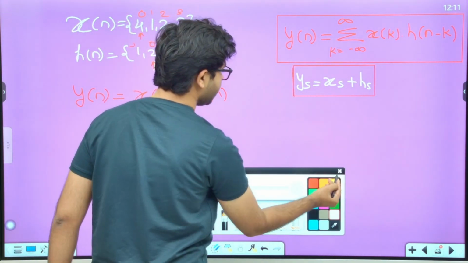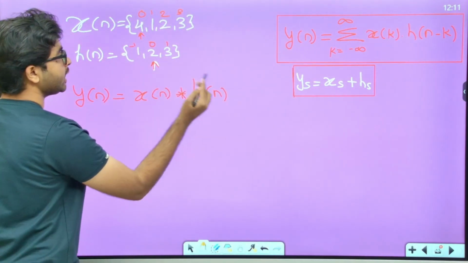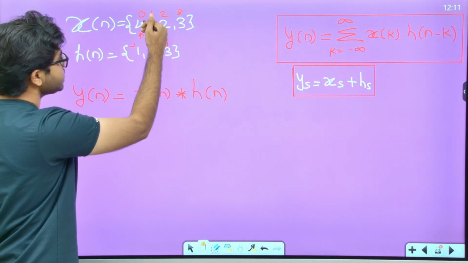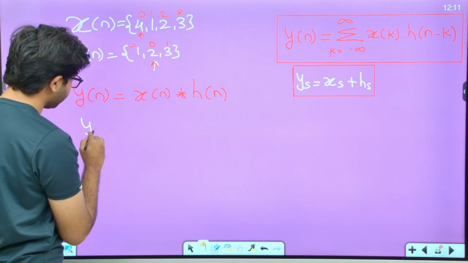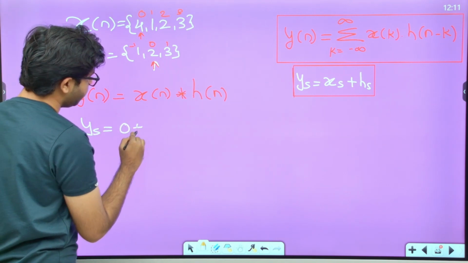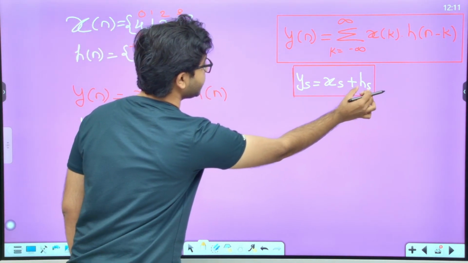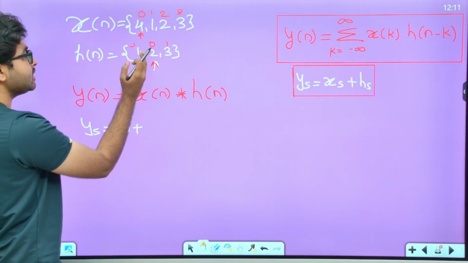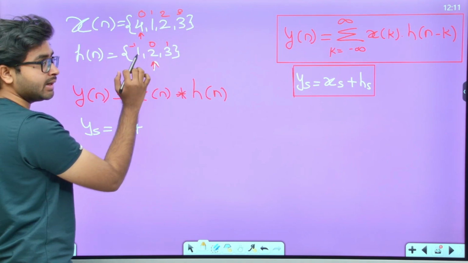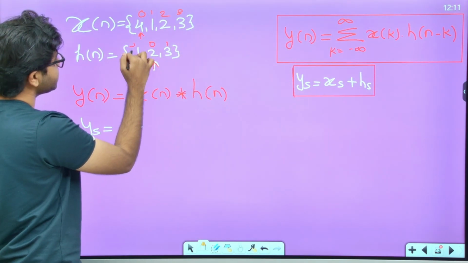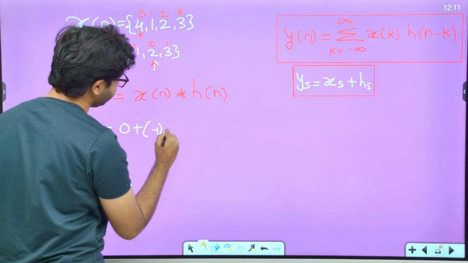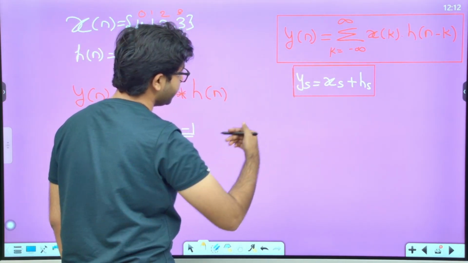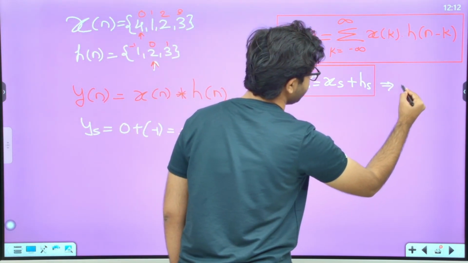Here x of s means where x of n starts, which is obviously at the zeroth index, so 0 plus h of s. The h sequence starts from minus 1, because the arrow is at the second element. So 0 plus minus 1 gives minus 1. Our convolution sequence will start from the minus 1 position.